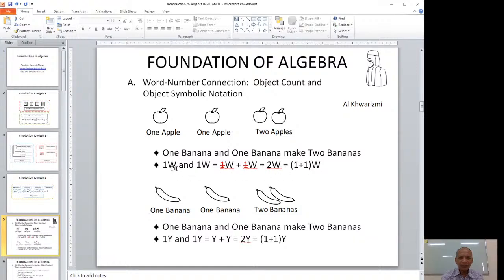But when we have one, we don't write one. We just write W. Here, W represents banana. W represents apple.